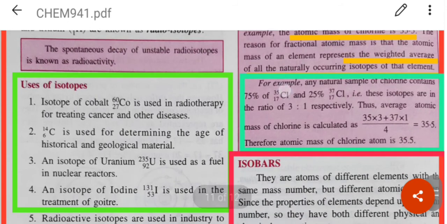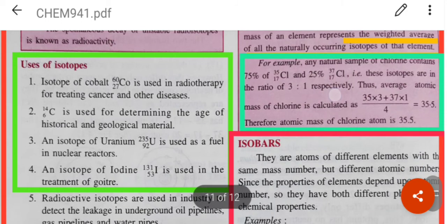Now, these are the two isotopes of chlorine. In nature, the percentage of chlorine-35 (35Cl17) available is 75%, and the percentage of chlorine-37 (37Cl17) is 25%, or we can say they are present in the ratio of 3:1. So, the average atomic mass is calculated as such: 35 into 3 plus 37 into 1.